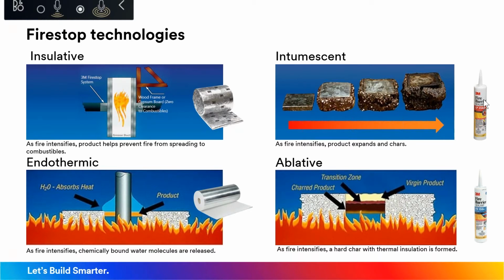So there are products that are non-intumescent, a lot of the materials that you see in joints: endothermics, silicones, acrylics. A lot of those products are not intumescent. They don't expand, but they char and they perform a strong bond. So ablative, intumescent, insulative, and endothermic are the four main technologies.